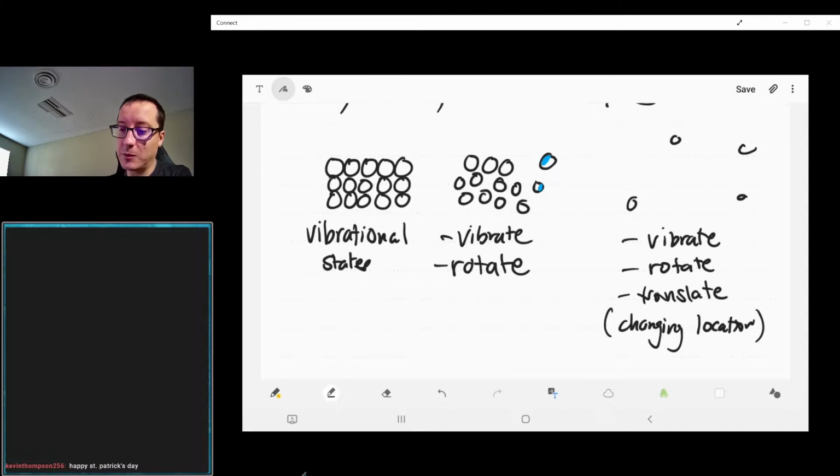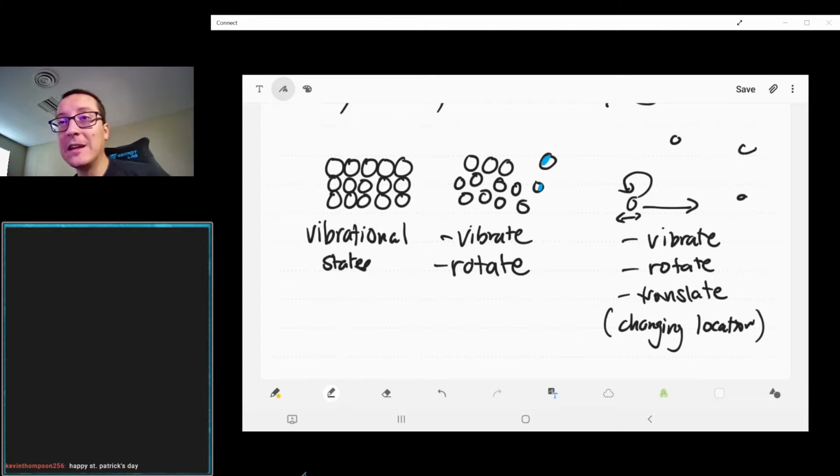So we can now have this particle moving all the way over here while also spinning around, while also vibrating. So it can vibrate, it can rotate, and it can translate. It can move. So we have quite a few more possibilities, exponentially more for a gas. And so we see again that gases are going to be much more entropic than liquids or solids will be.